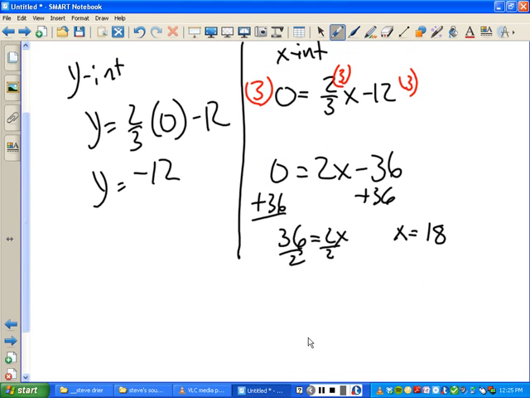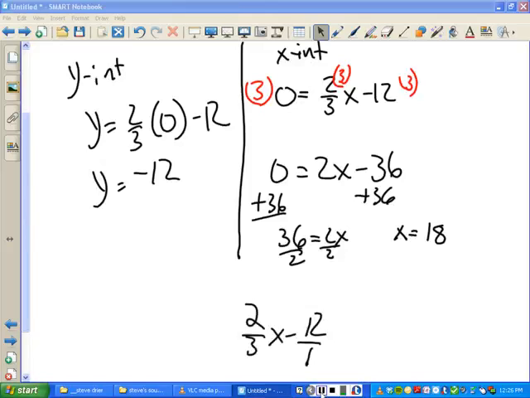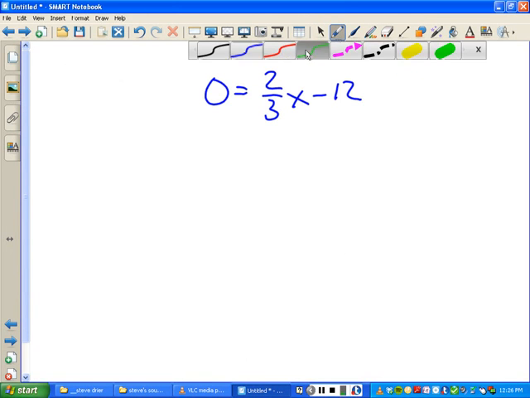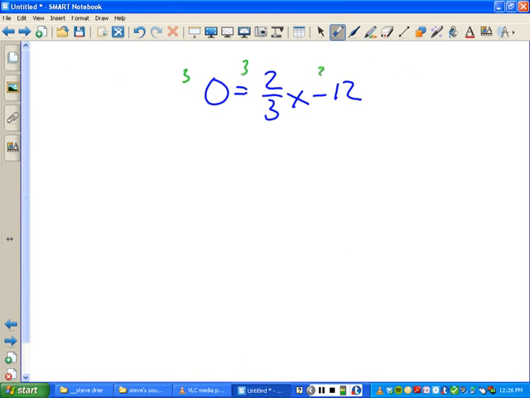Let me pause there. All right, so let me address the question that just popped up, and that is this idea of multiplying by 3. So what we have is 0 equals 2/3 x minus 12, and I multiplied everybody by 3. And the question is, why am I able to do that? And here's the answer.